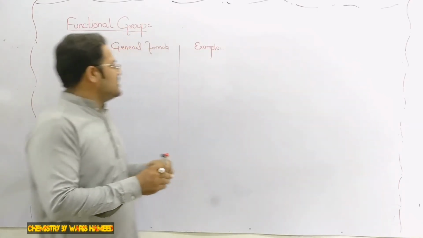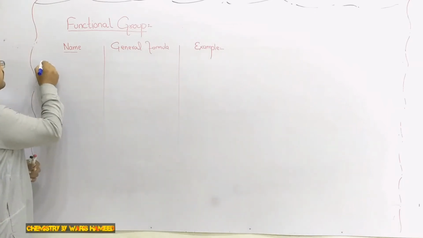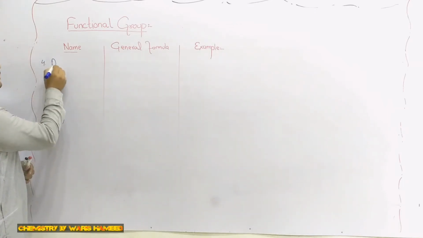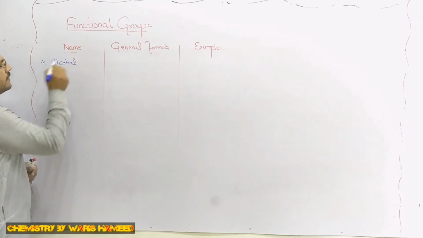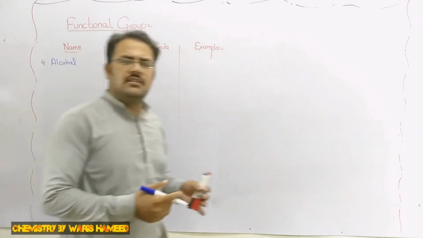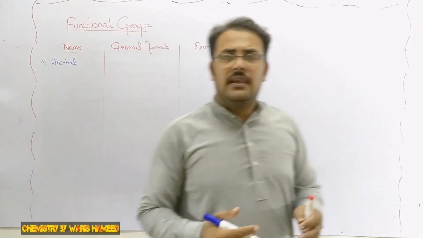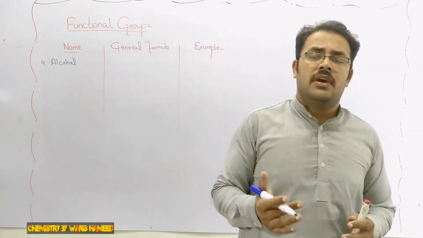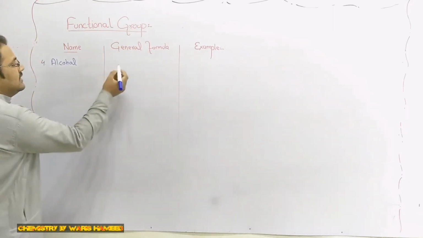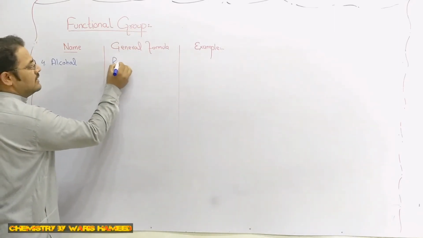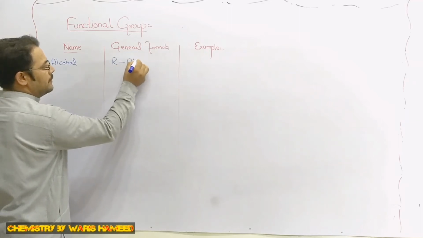Now moving toward the next functional groups. The next functional group is alcohol. If one hydrogen in alkane is replaced with a hydroxyl group, then it forms the alcohol class, and its general formula is R single bond hydroxyl.